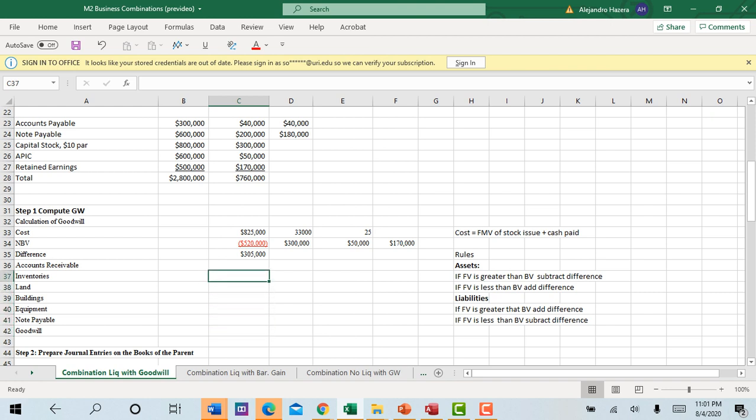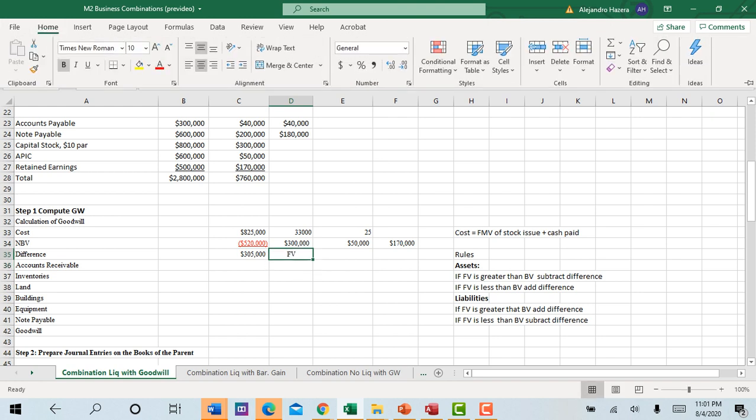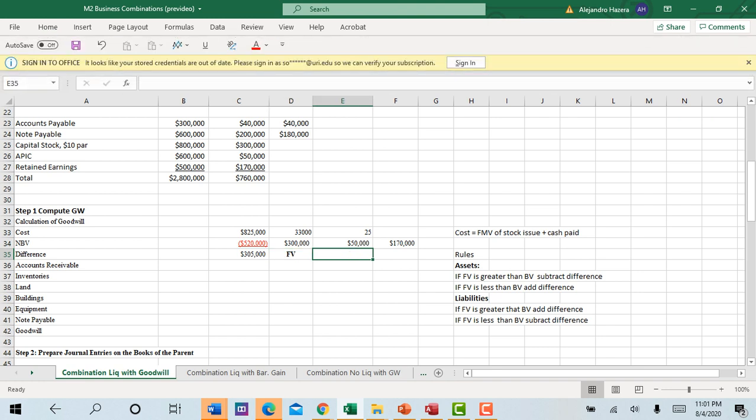Okay, now here are some rules that we're going to have. First of all, we're going to have a column here, and I'm going to label that column as fair value. Then I'm going to label the next column as book value.